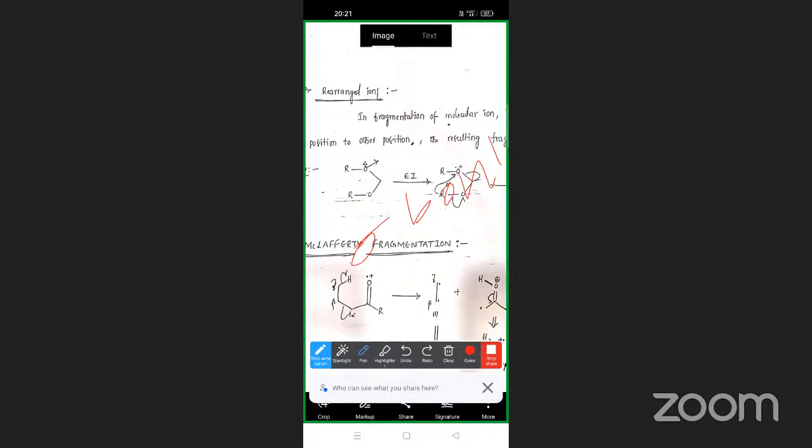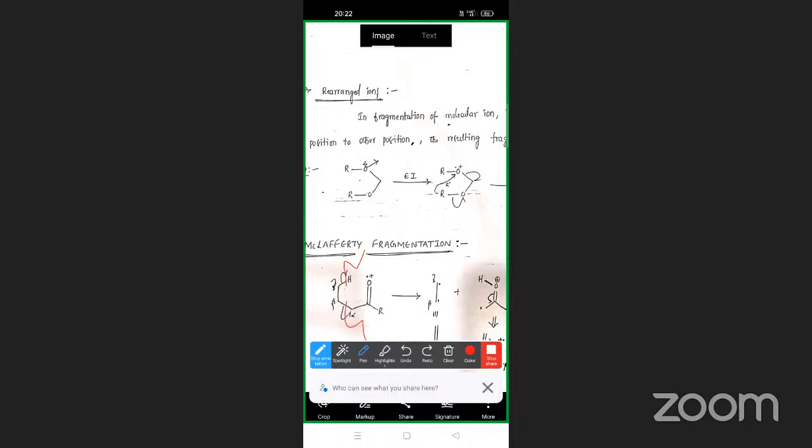So you can generate the molecular ion. After formation of this molecular ion, it undergoes a variety of fragmentation: the gamma hydrogen fragmentation and the beta fragmentation. The gamma bond fragmentation is a homolytic cleavage.